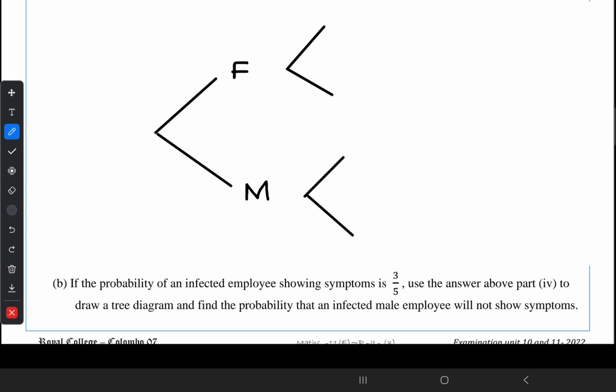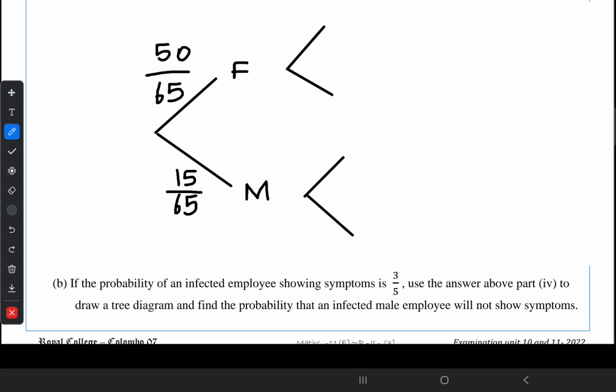What is the count of female? The probability of an infected employee. Now we are talking only about the infected employees, not non-infected employees. Totally infected employees, both female and male included, is 65. Amongst that, 50 of them are female. Male, among 65, the remaining 15 is male.